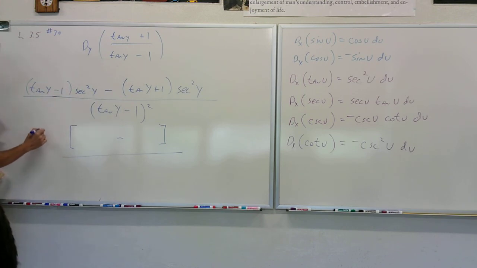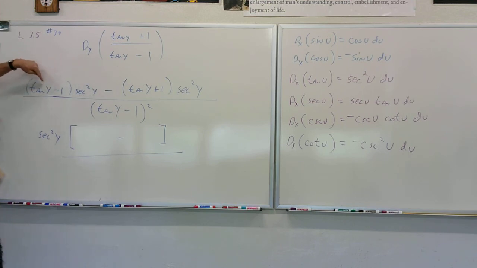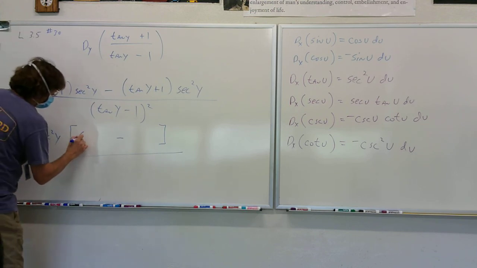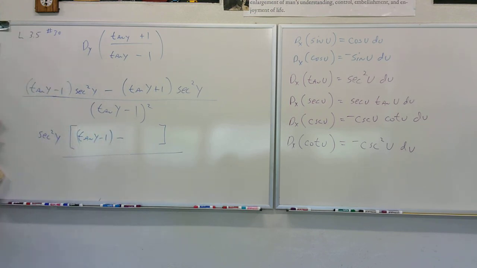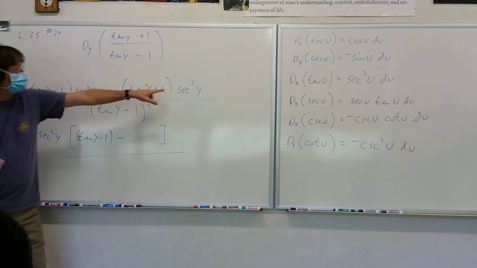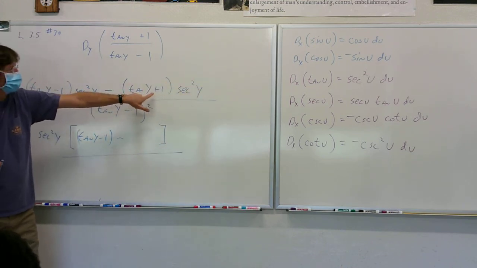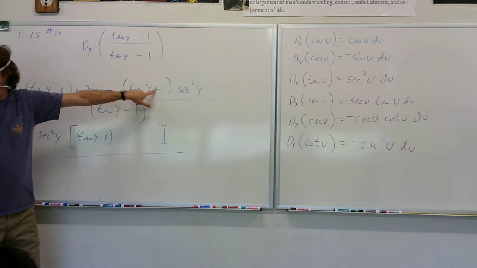We'll take secant squared y out of this part, and that's just going to leave what? Tangent y minus 1. And I'm going to leave that in parentheses just so it looks pretty. And then I'm going to take secant squared y out of this part, which is going to leave what? Tangent y plus 1.